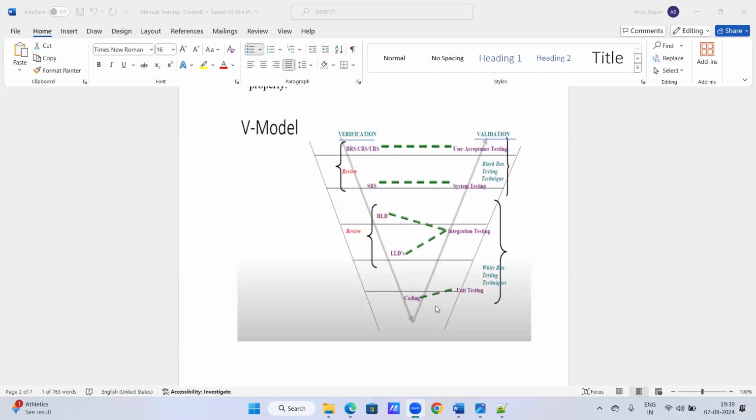After unit testing, they will integrate the modules. All the modules will be integrated to make one main module. Then we test that, which is called integration testing.